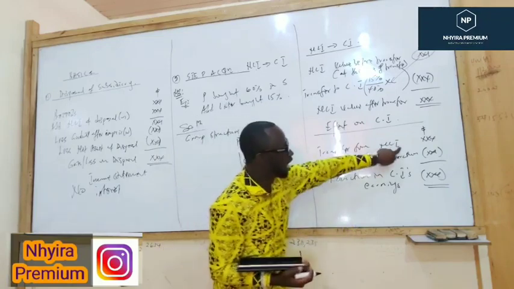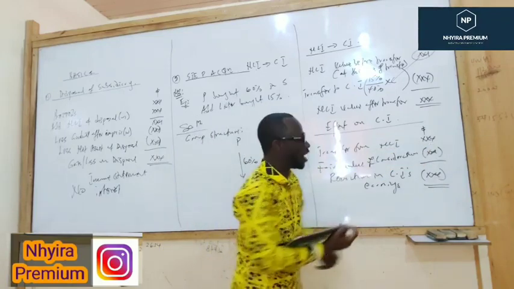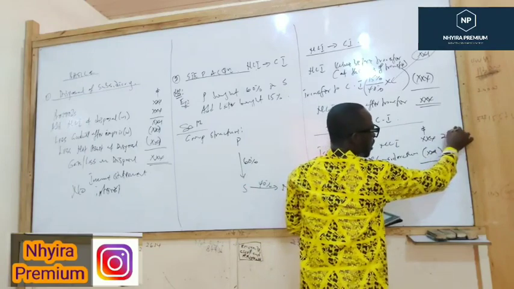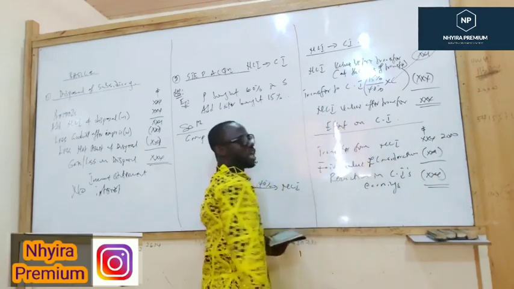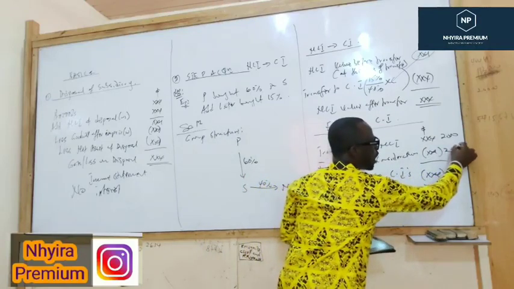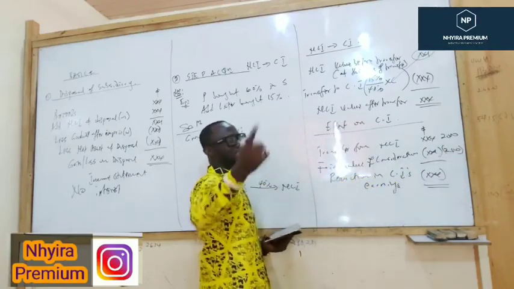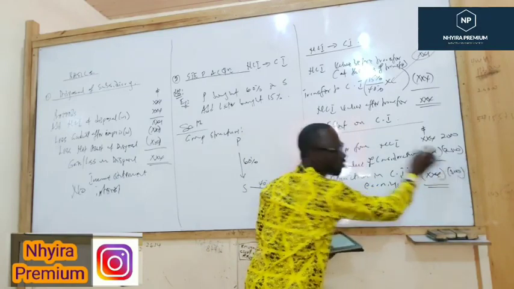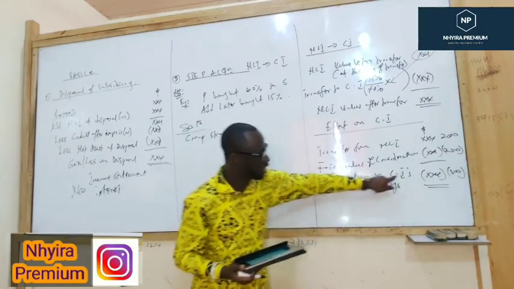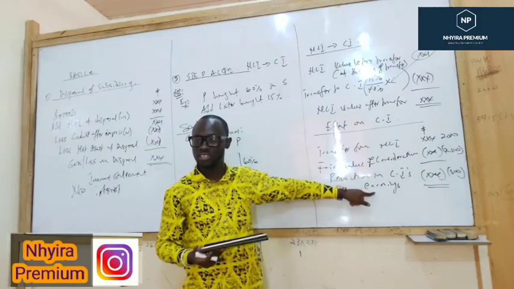So transfer from the NCI is that figure. Let's say they are transferring 2,000 to us. But the fair value of consideration, how much did we pay for that 2,000? Maybe we paid 2,500. So what does it mean? It means our retained earnings will be reduced by what? 500. That is a reduction in controlling interest earnings.